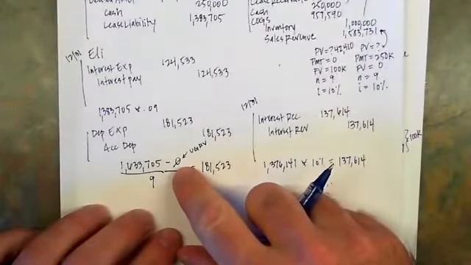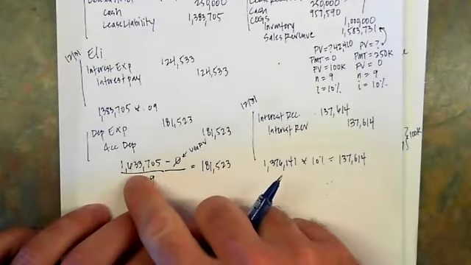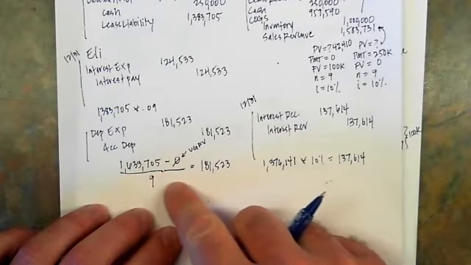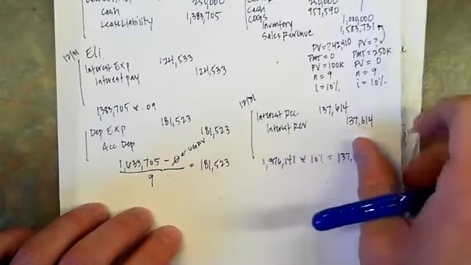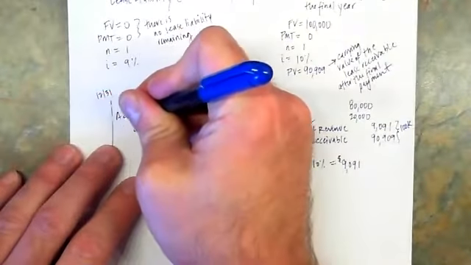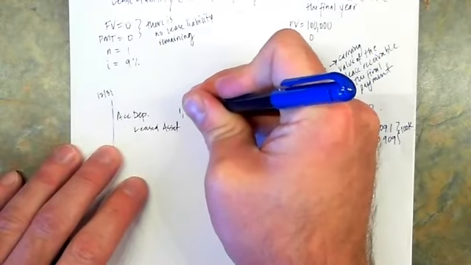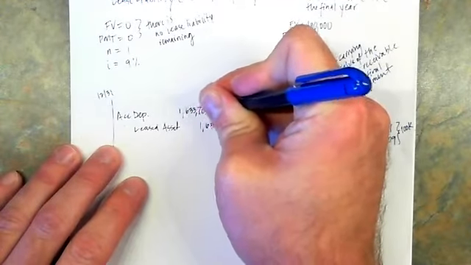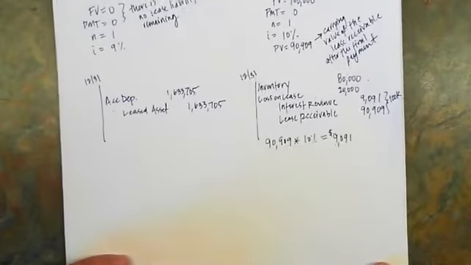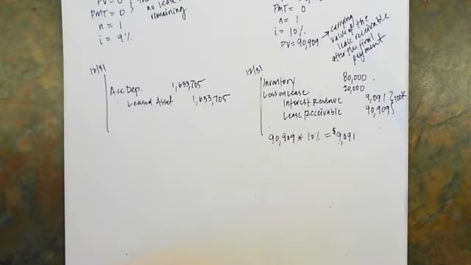Since I had no salvage, no residual that I recorded here, I would have recorded all 1,633,705 as expense over those 9 years. So I would have accumulated depreciation of 1,633,705, and this completely wipes it off the books. Okay. So that's the UGRV, and that's what people typically have the most problems with.